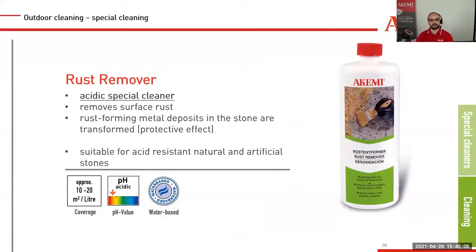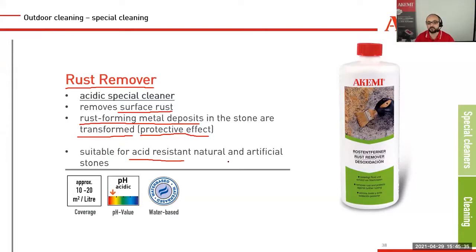So this was the spot cleaning of rust stains on marble, on limestone. But here we also have the acidic rust remover, which not only removes surface rust, but also rust-forming metal deposits. These inclusions are transformed, and then you have the protective effect I've mentioned before. As I said, it's an acidic product, so it's only suitable for acid-resistant stones.